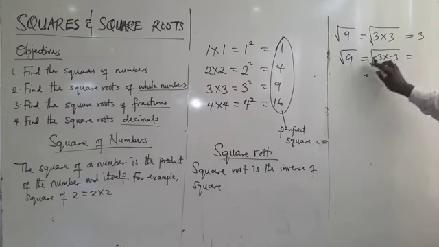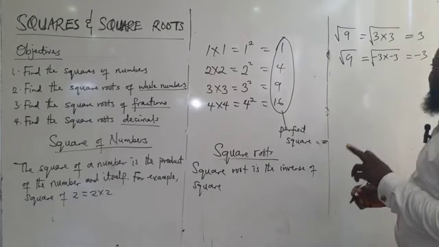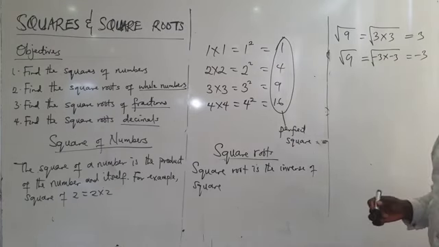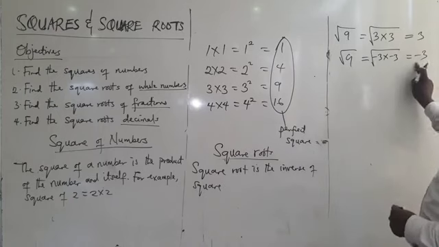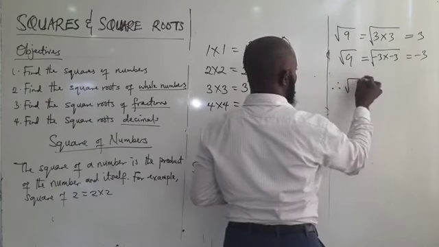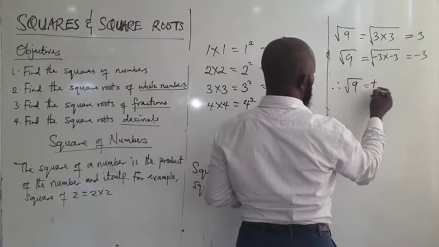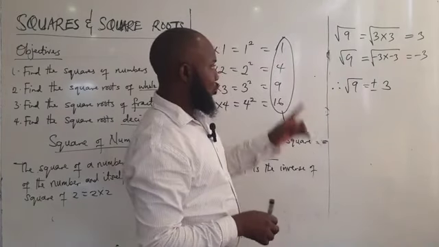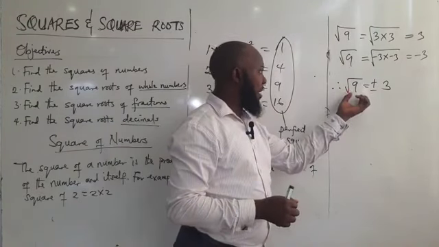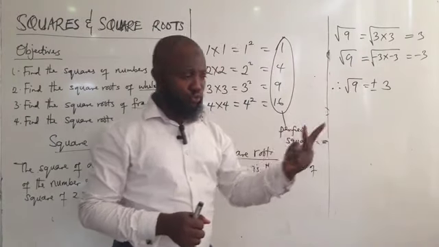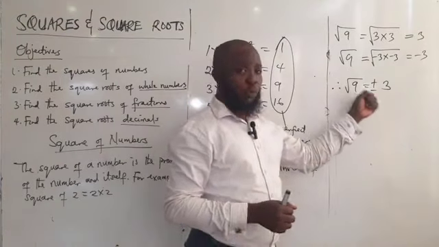So we can also say that the square root of 9 is also minus 3. That means the square root of a positive number will give us two answers, one positive, one negative. So we can say that the square root of 9 equals plus or minus 3. So the square root of a positive perfect square will give us two numbers.